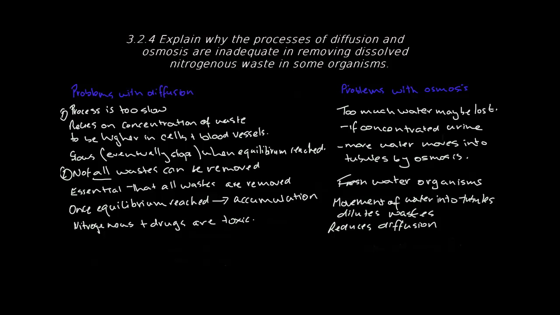So the way around this inadequacy of diffusion and osmosis is a combination of active transport and osmosis. So the solution is active transport combined with osmosis.